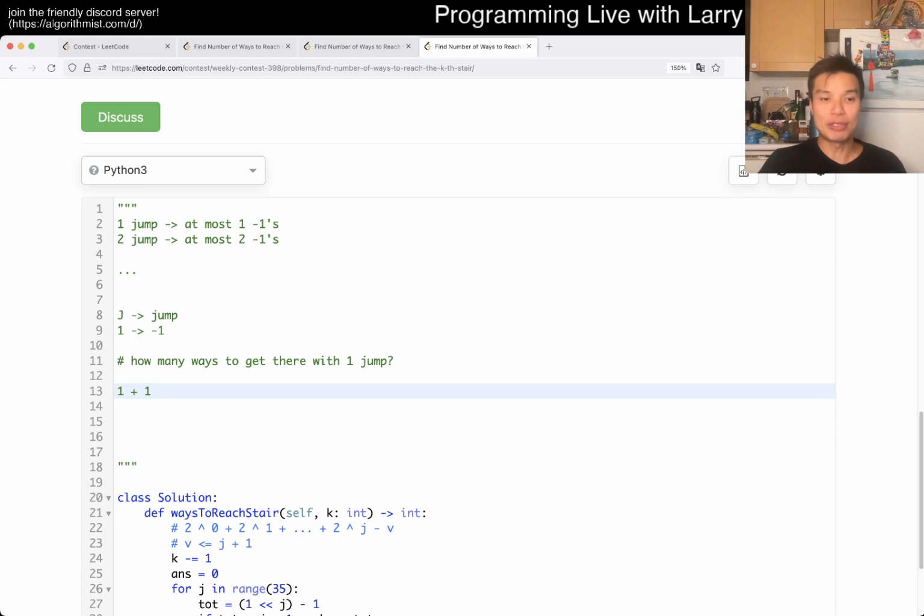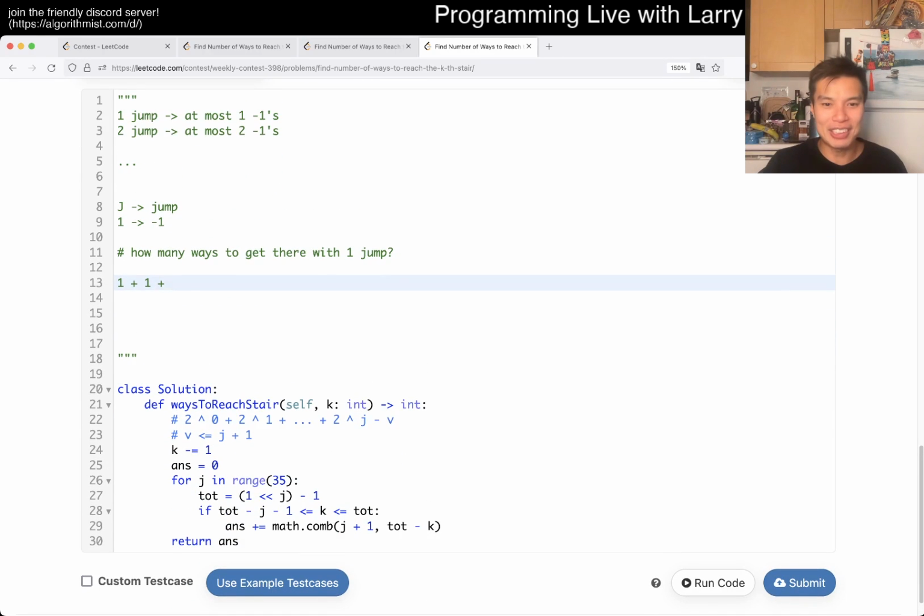Well, it just depends what k is. So plus some, I guess in Jan Sean's lingo it's v, but plus v is equal to k.